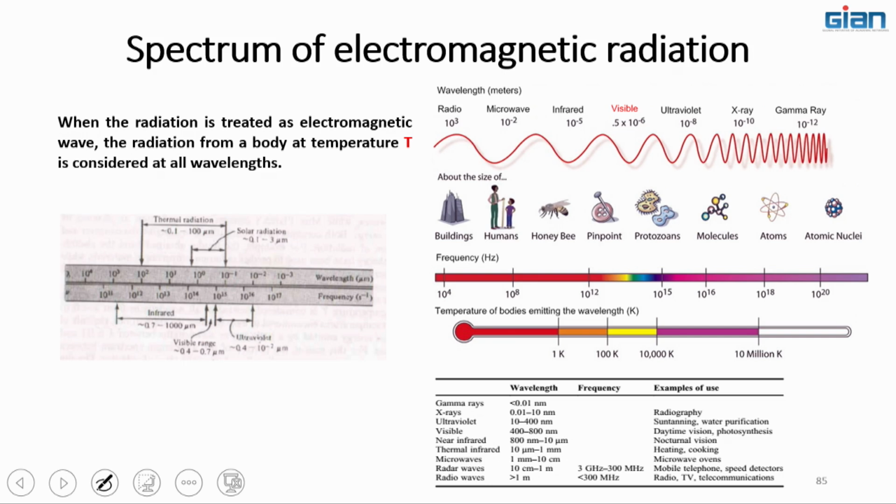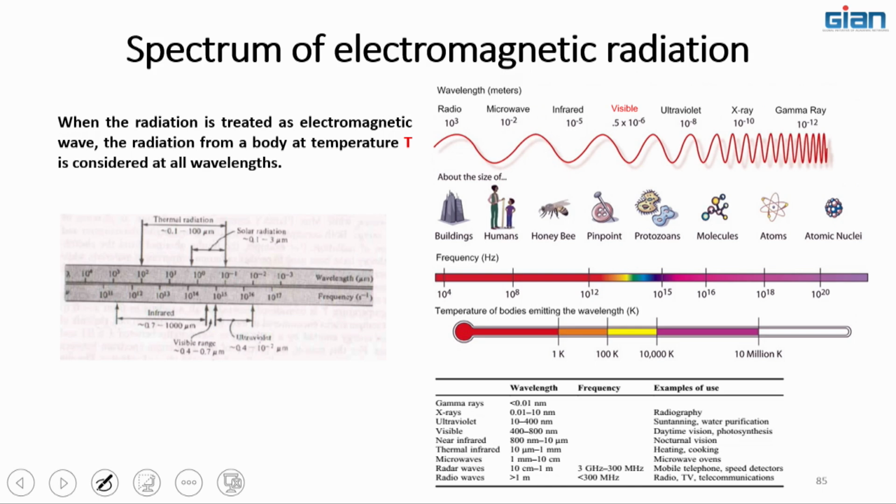Also you can see how big or small these radiations are. For building size, humans, radio waves are very long. Then microwave, infrared is like a honeybee, then a pinpoint, then ultraviolet rays, and then gamma rays, which are like atomic nuclei.